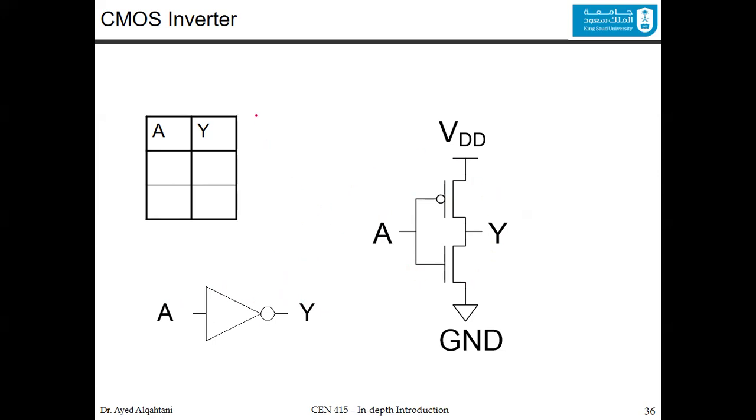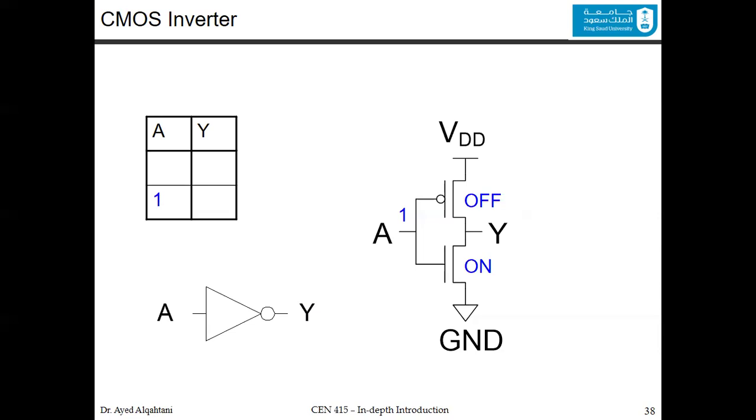What we are going to do is build the truth table step by step. So let's input 1 here in A. One of these transistors will be on and the other will be off. Which one is on? Remember the bubble meaning that 0 is making the PMOS on. Since you don't have a bubble here, the 1 is making this transistor on. Since we have a 1, this is on and this is off.